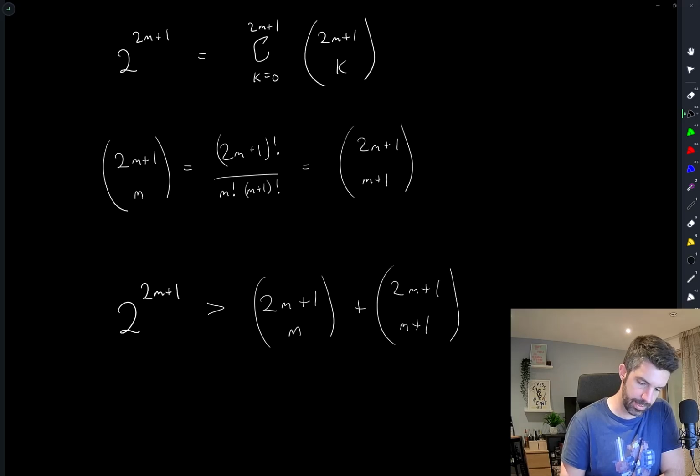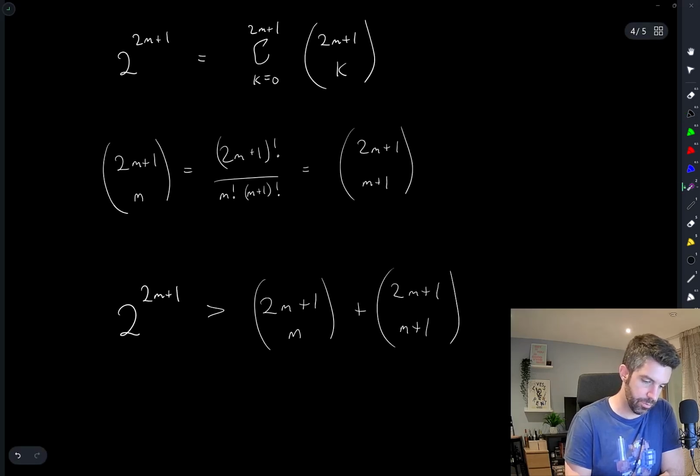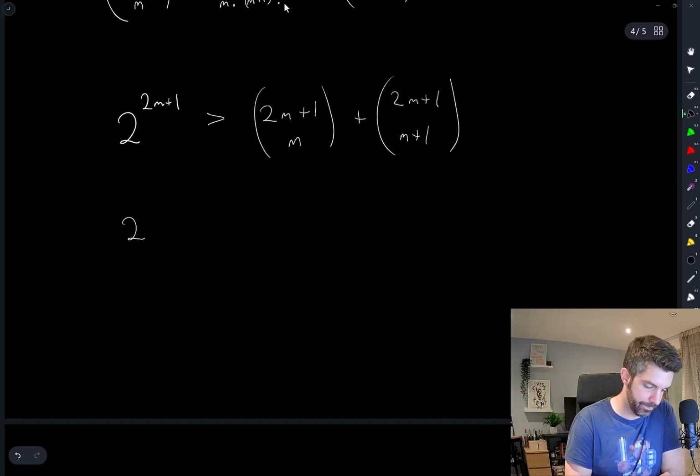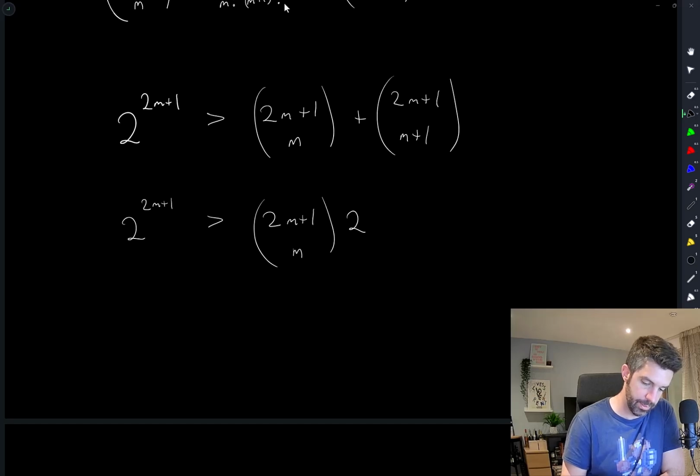So what I've done is I've taken two terms out of this sum, specifically when k is equal to m and when k is equal to m plus 1, and I've thrown out all the other ones. So of course I've made it smaller, but these two things are equal. So it's just 2m plus 1 choose m times 2, so we'll cancel the 2.